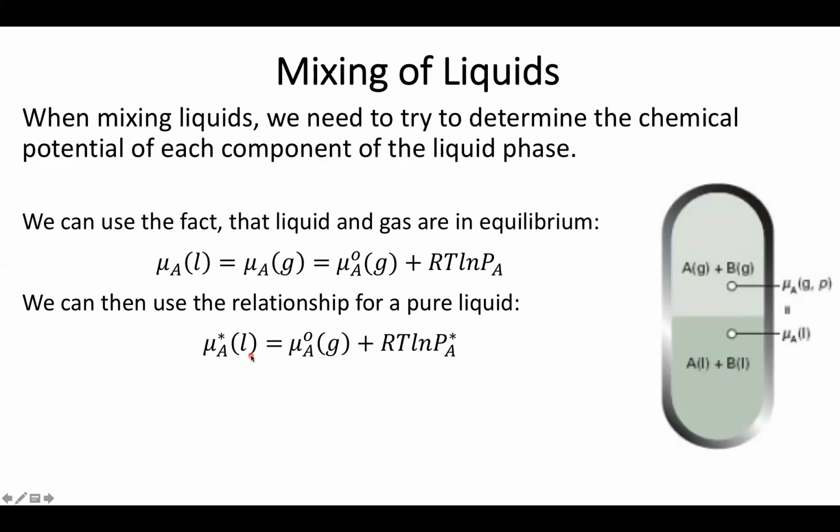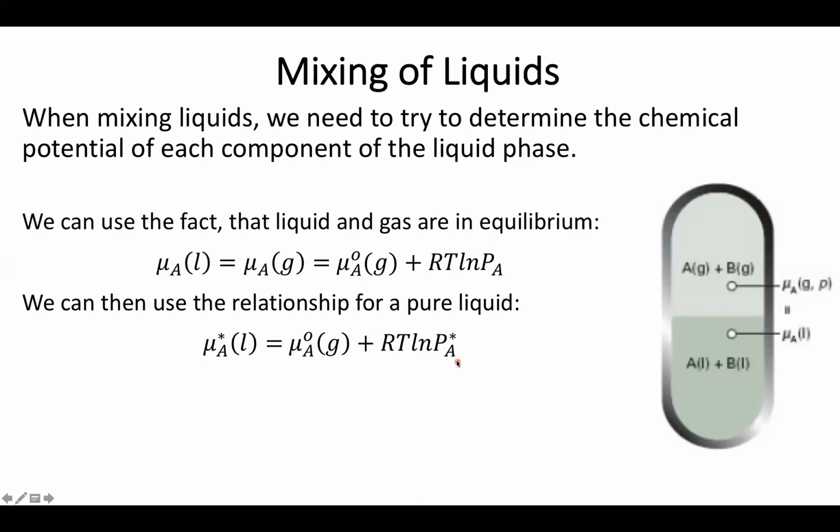And the chemical potential of the liquid is going to be equal to the standard state chemical potential of the gas, plus essentially the correction for the gas pressure. But there is a notable difference here, because in my actual system, we're using the measured vapor pressure. But for a pure liquid, this is going to be the vapor pressure of the pure liquid species.